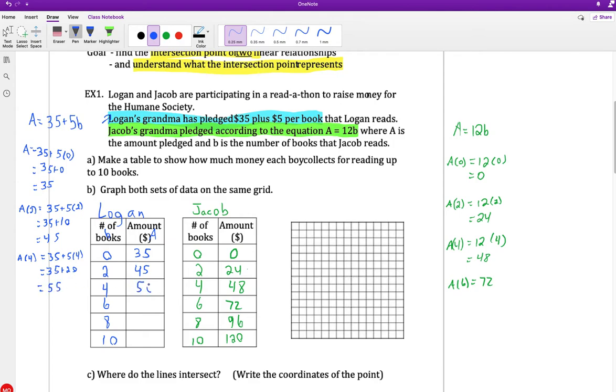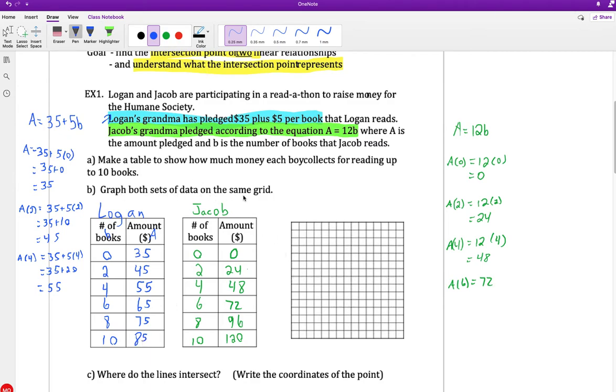And you can see every time we go up 2 books, we're going up $10. So we can make 65, 75, and 85.